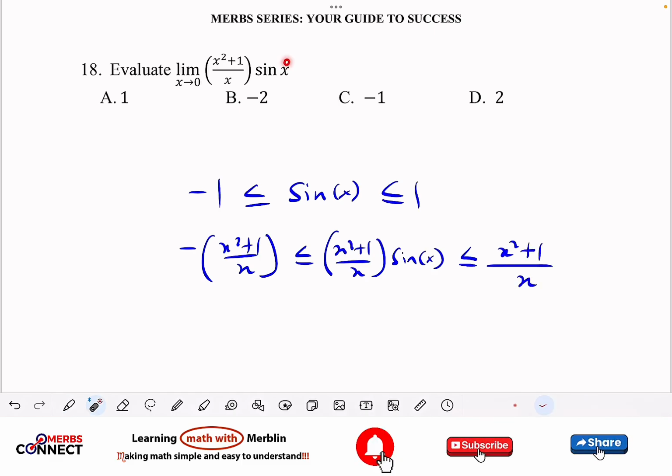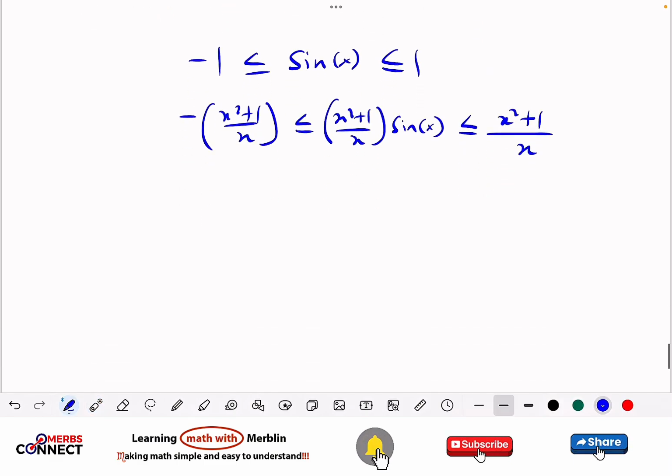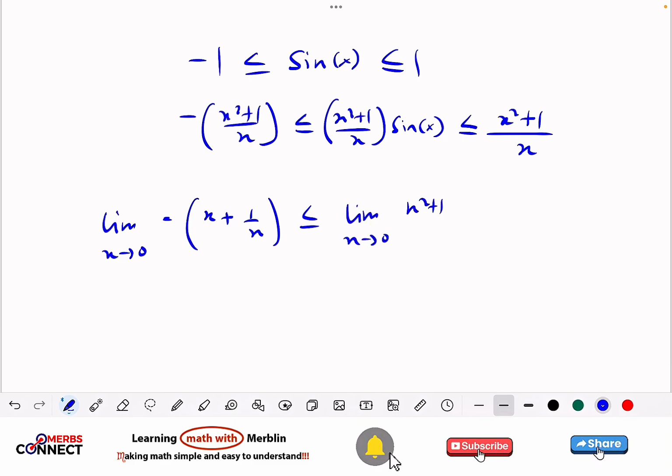Now we can also see that after this we have the limit as x approaches 0. So I'm going to have the limit as x approaches 0 of minus x squared plus 1 over x is less than or equal to the limit as x approaches 0 of the middle expression. I will not touch this one because that's the question that we are working with.